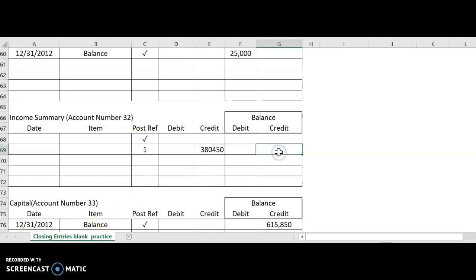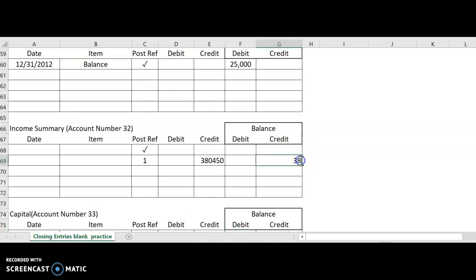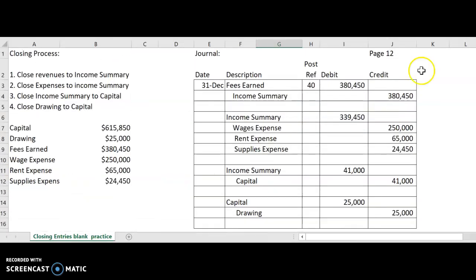So right now it has a credit of $380,450. And then I can go back up. This is account number 32. I can go back up to my journal entry and write 32.